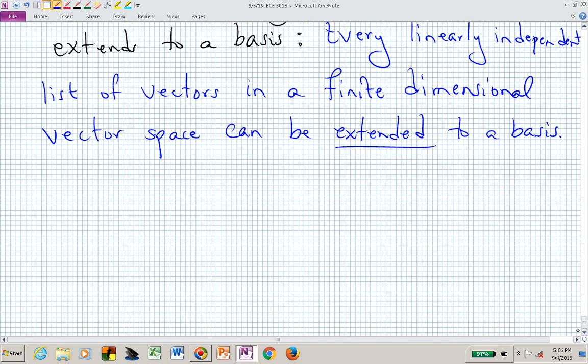Now this is the one where we're growing a set of linearly independent vectors into a set of vectors that will eventually span the entire space.